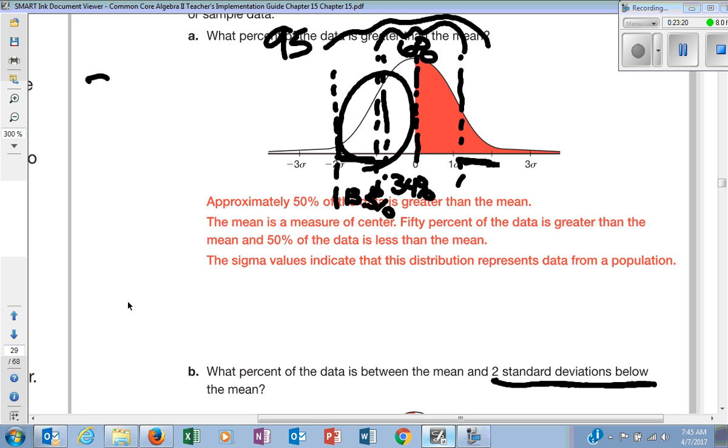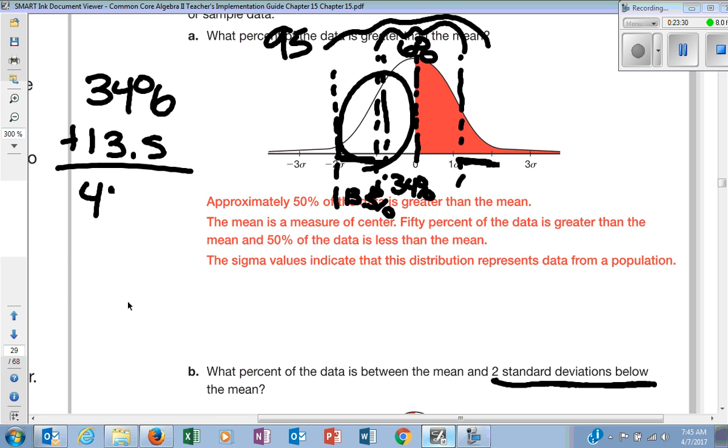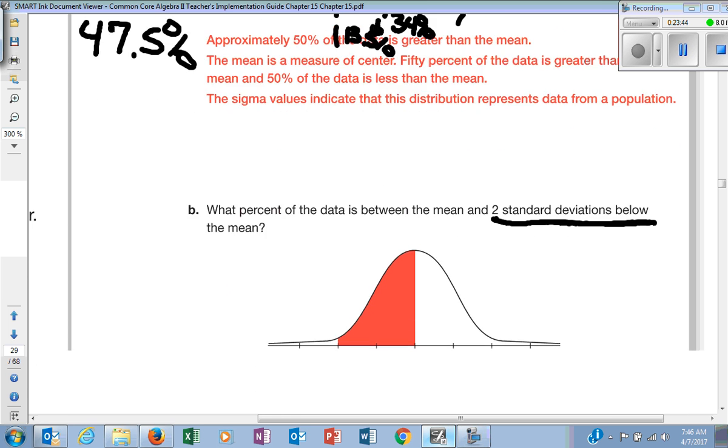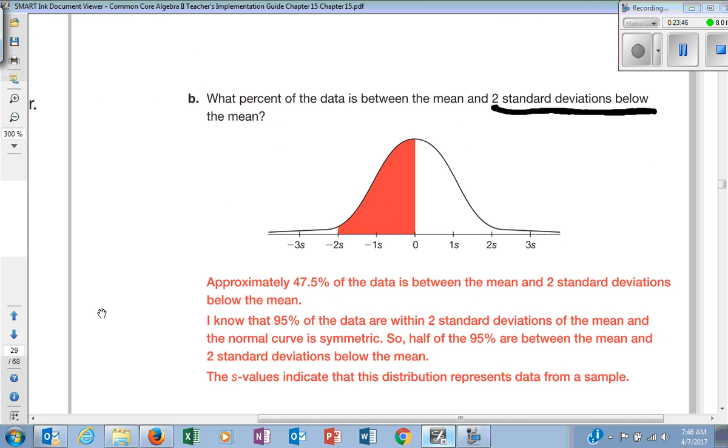So then we take 34% and add 13.5. And how much of the data is going to be there? Does everybody understand how we got that?